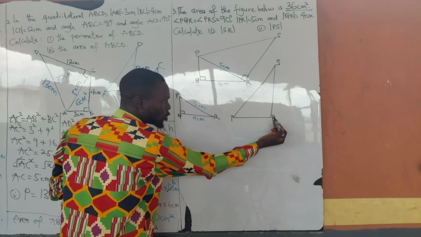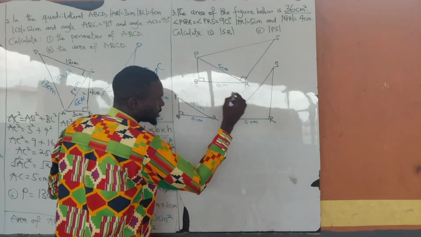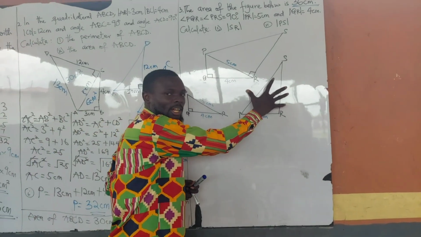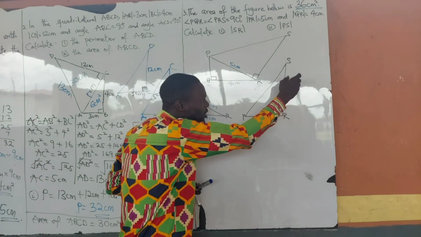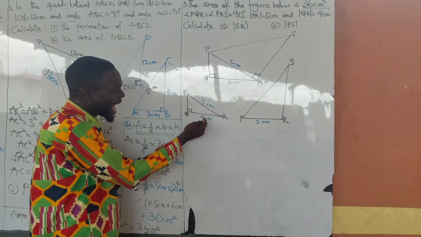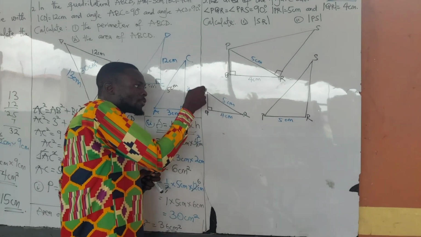And this is also PR, so 5 centimeters. Here I can't use the Pythagoras theorem because I don't have two sides to find the other side. But in this one, I have two sides, so I can solve for the other one.